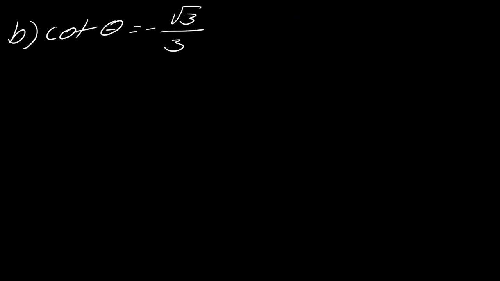Moving on to B here. I've got cotangent of theta equals negative square root of 3 over 3. The first thing that we have to do is figure out what quadrants we are in. I would highly recommend you pause the video to think about that and hit play when you're ready. All right, the way I think about this, tangent and therefore cotangent is going to be positive in quadrants 1 and 3.